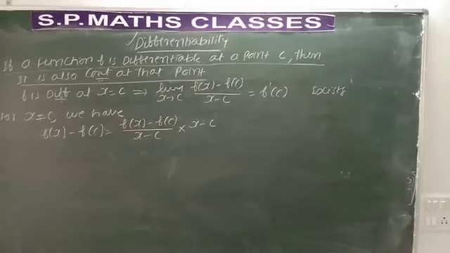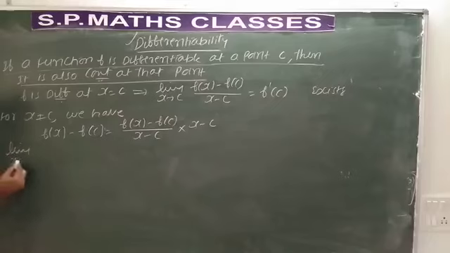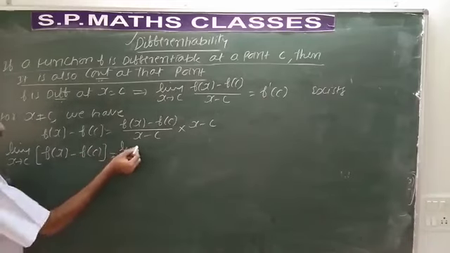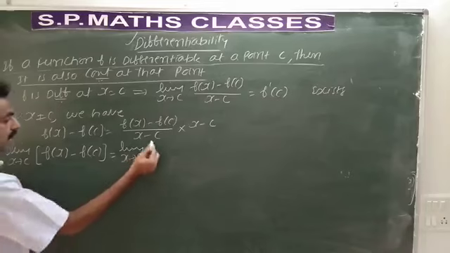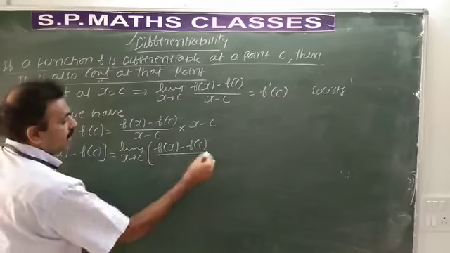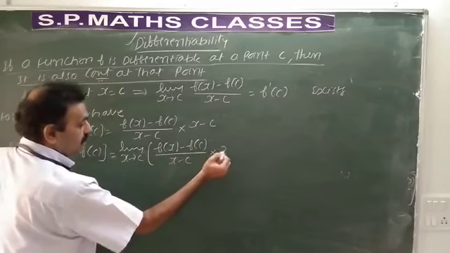Now take the limits. The limit as x tends to c of f of x minus f of c is the limit as x tends to c of f of x minus f of c divided by x minus c, into x minus c.